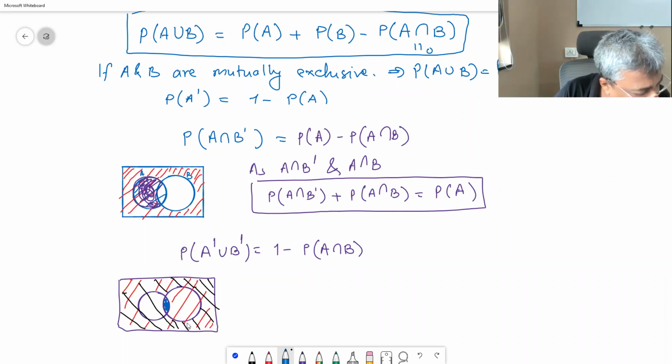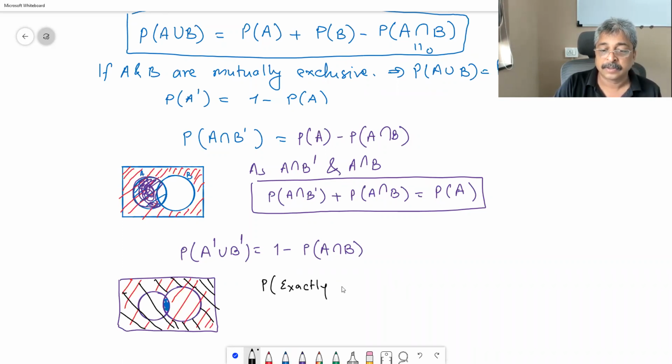Next, now a word problem: probability of exactly one of A, B occurs is equal to, show me the answer.